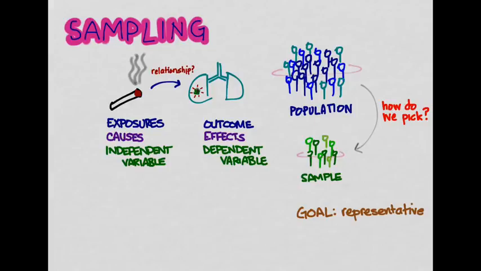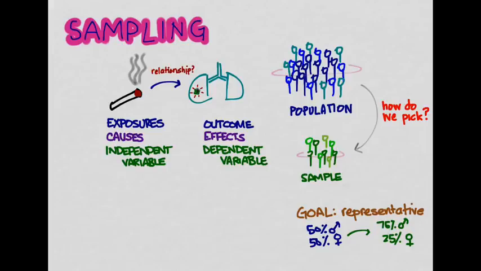So let's say that we have a population which is 50% men and 50% women. And then we take a sample, and we get one, conceivably, that is 75% men and 25% women. Now, this sample does not represent the population.